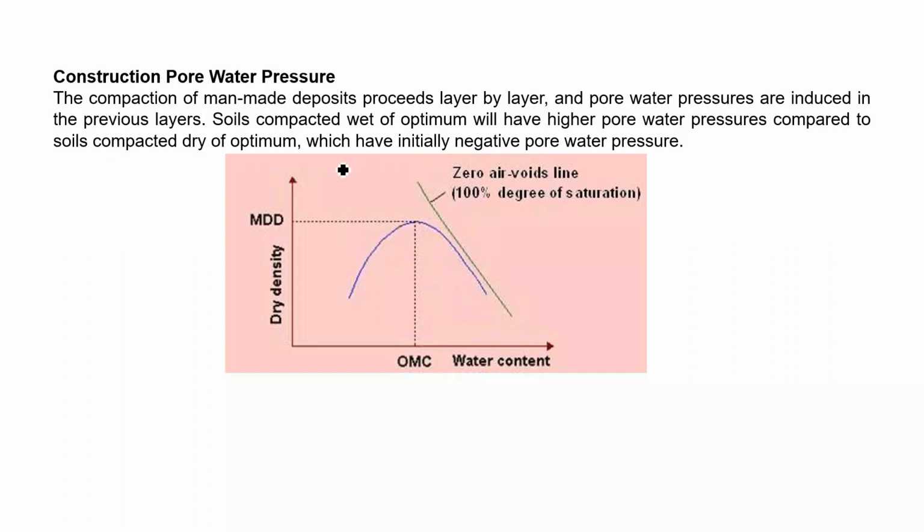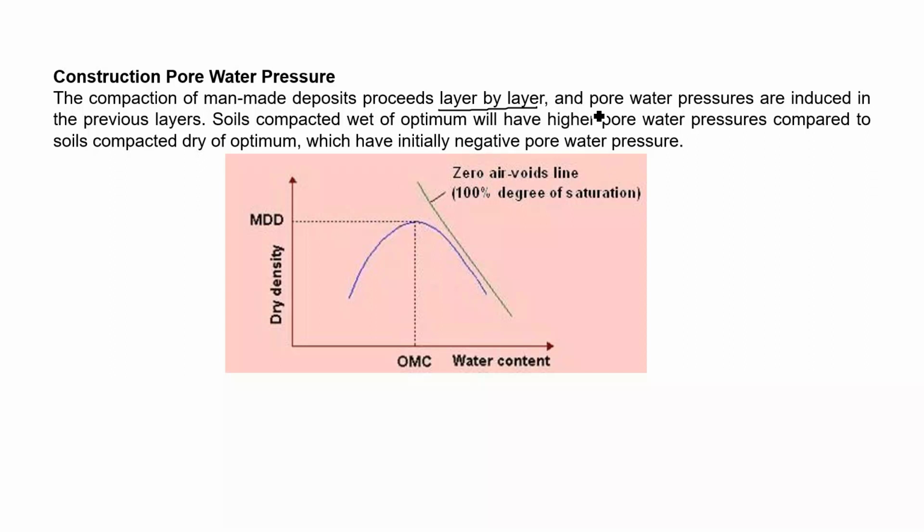Now, in the dry side of the OMC, the voids are partially saturated. As we know, the compaction of man-made deposits proceeds layer by layer, or in the laboratory compaction test, we do the compaction in 3 layers.